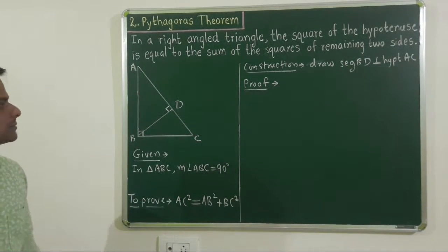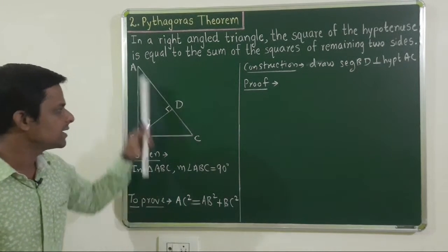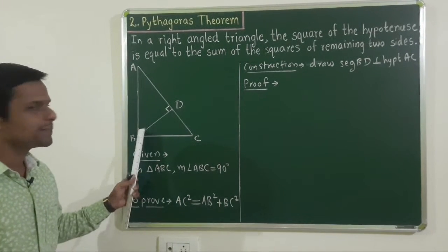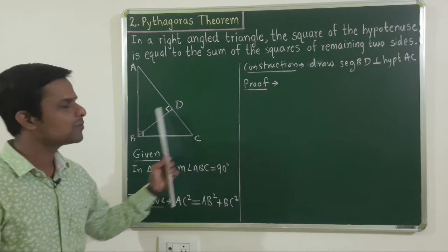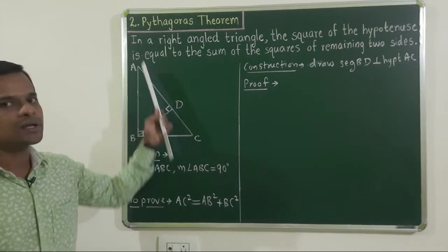Proof is very simple. Observe, this triangle ABC is a right angle triangle at B, and there is one altitude drawn on the hypotenuse, that is BD perpendicular to AC.